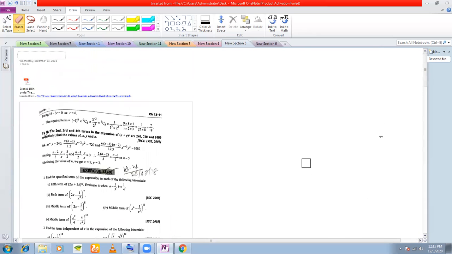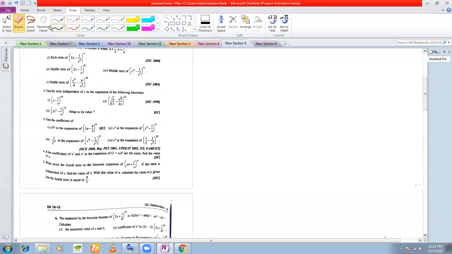The questions in binomial theorem are quite restricted, especially in your general term. See this question 2, 2. Find the term independent of x in the expansion of this.